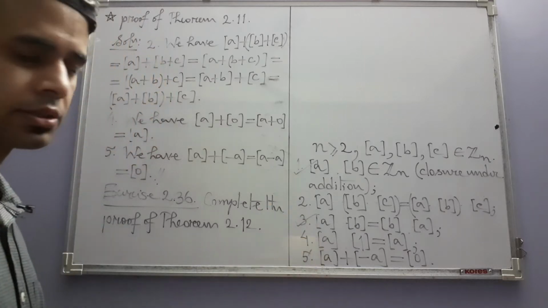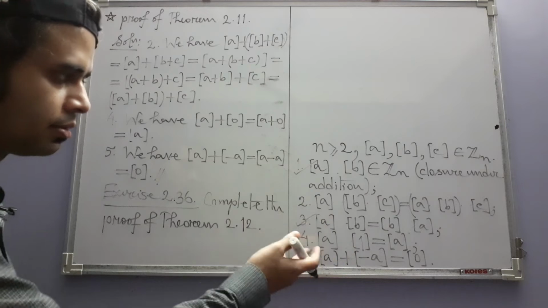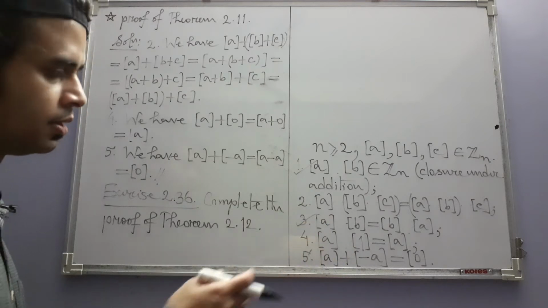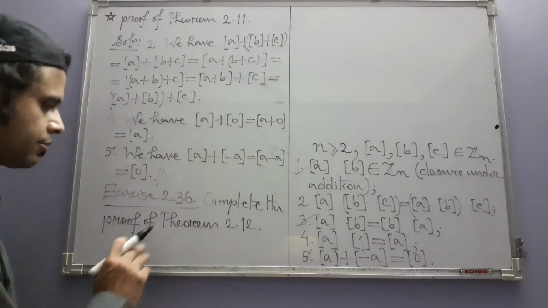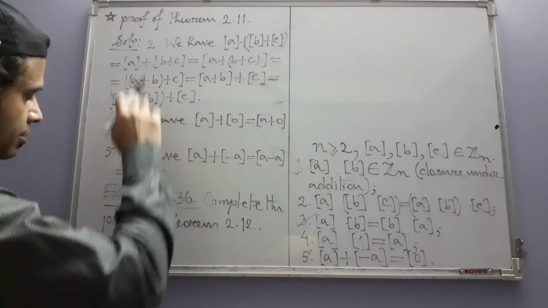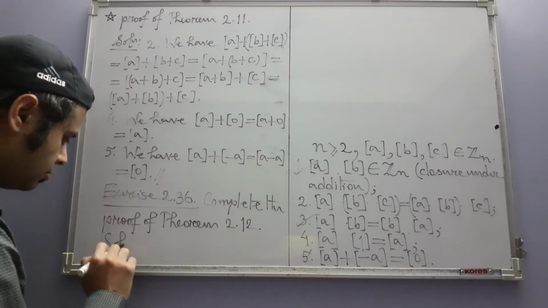A times b plus c is ab plus ac. I think I have messed up the order, the numbers I have messed up. Maybe this one comes last, but you understand. And that can also be done similarly like this one. It's extremely straightforward, so I will not do it.